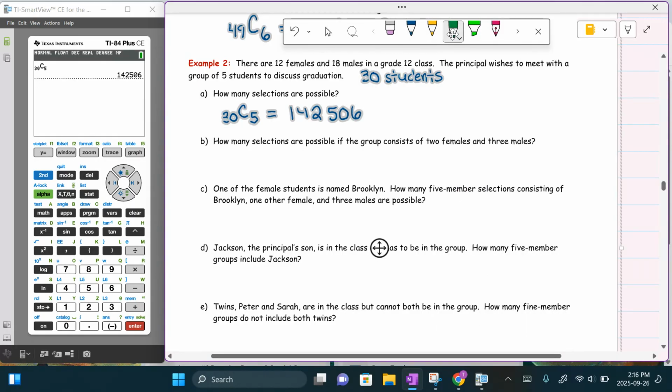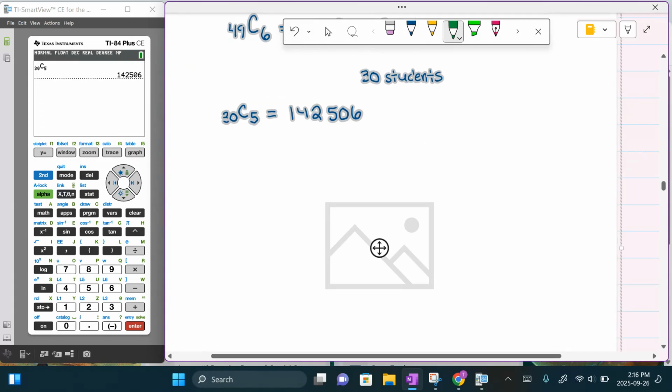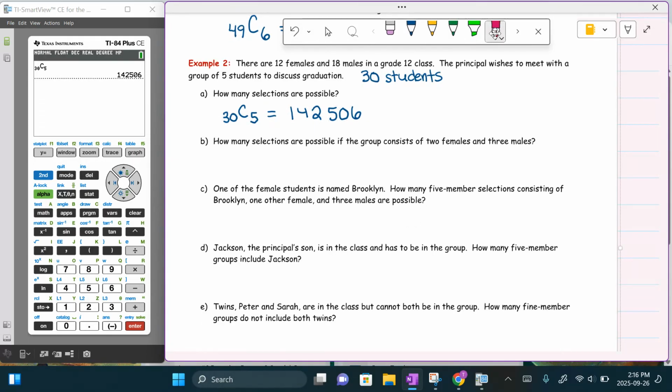So it would be 12 choose 2. Do we add or multiply? Times, because are we making one group? The only time you'll ever plus is if you're doing different cases, just like we did with permutations. This is one case. So 12 choose 2 times, for males we have 18, and we're choosing 3.